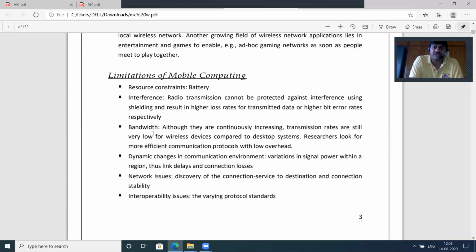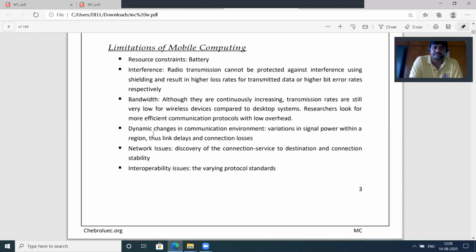Moving to the next one, limitations of mobile computing. Even though mobile computing enables the user to access networks from anywhere, any place, anytime, it has some limitations. Coming to the limitations one by one, the first limitation is resource constraint.